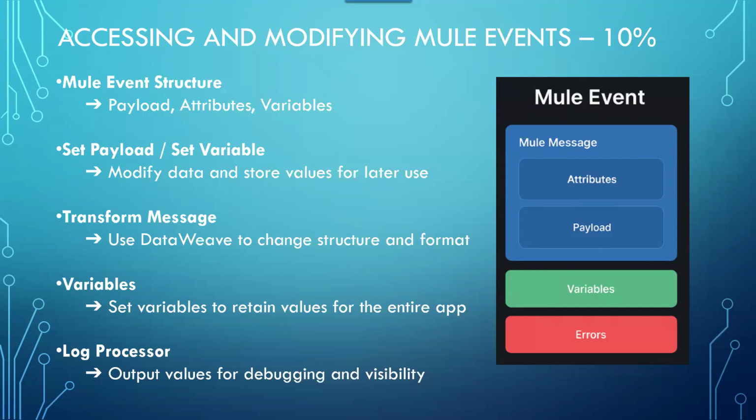Ahead of us, we've got error handling, data weave, and batch and for each. Those are probably the biggest ones. So we've got three. Batch and for each are kind of one together.